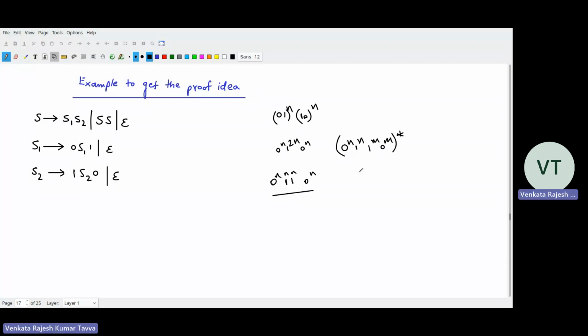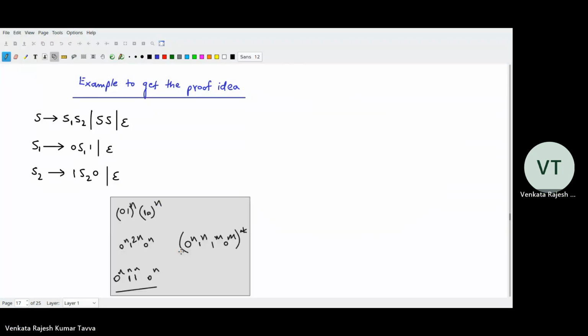Okay, an easier way is to convert this grammar into a simplified version with only one variable. This grammar has 3 variables, right? You can actually convert it to a grammar with only one variable, with only S. Can anyone tell me that version? Yeah.